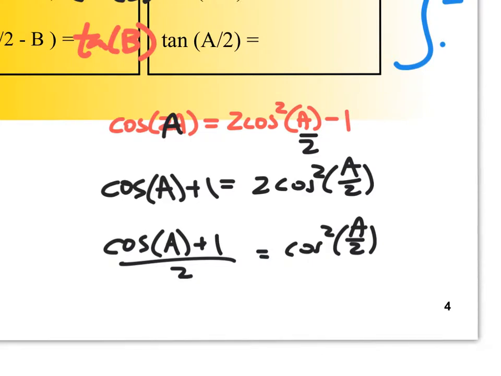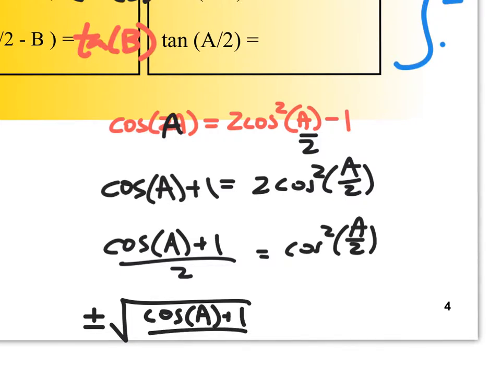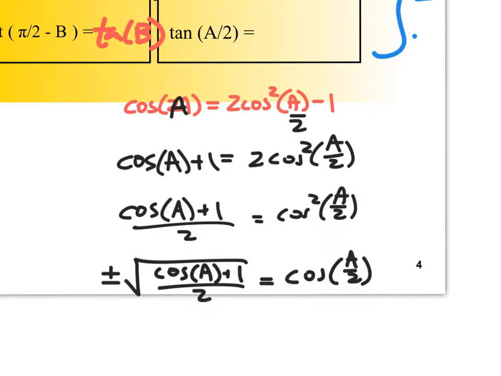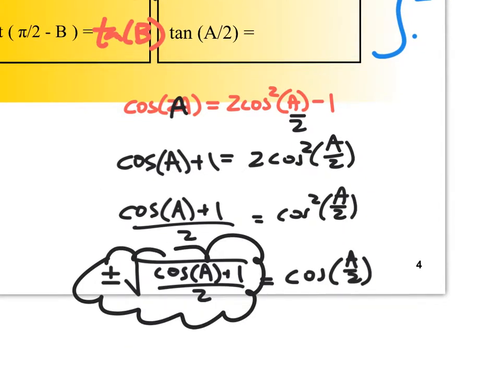Then what I do next is square root. And now we have the cosine of alpha over 2. It'd be the square root of cosine of alpha plus 1 over 2.